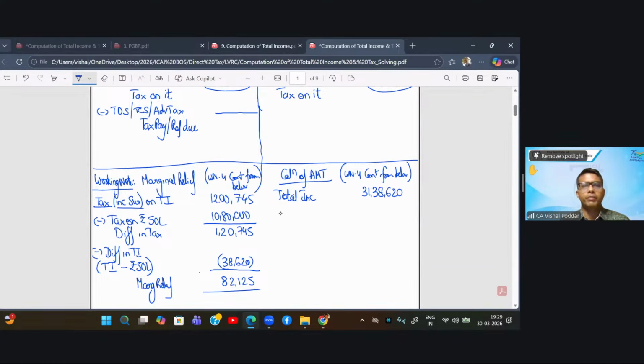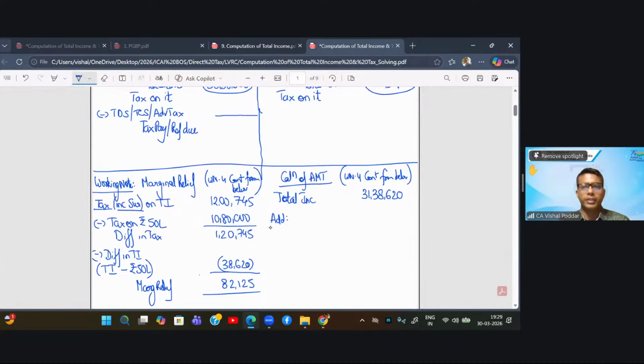Now, we have a special benefit of 35 AD. What is that special benefit? You have taken capital expenditure as deduction. What is that amount? 20 lakhs. It says add back. But once you add back the capital expenditure, again, you get the benefit of depreciation. So how much is the depreciation on it? 2 lakhs.